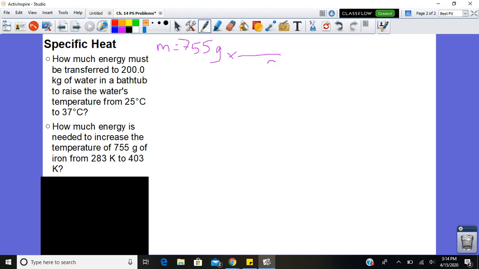So I'm getting rid of grams, so grams go on the bottom. Kilograms goes on the top because that's what I'm converting it to. A kilogram is bigger than a gram, so that gets the 1. And there are 1,000 grams in a kilogram. So my grams will cancel out. So my mass in kilograms is 0.755 kilograms.